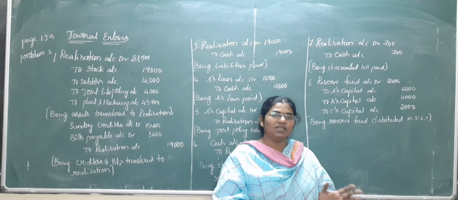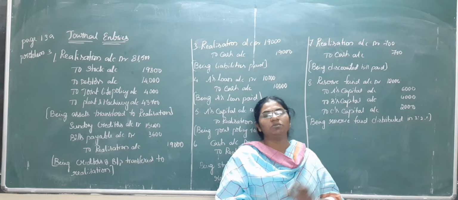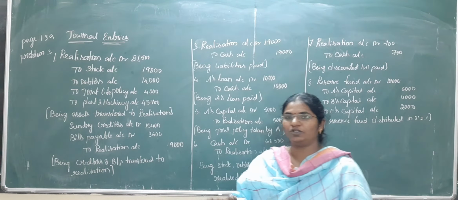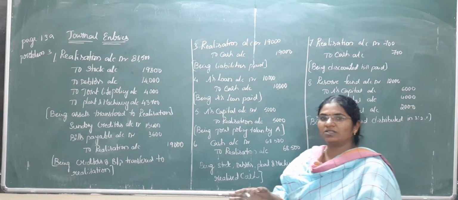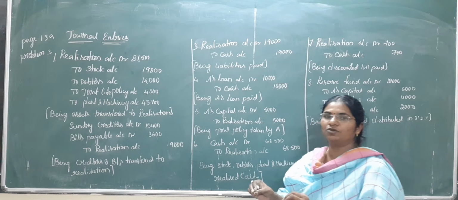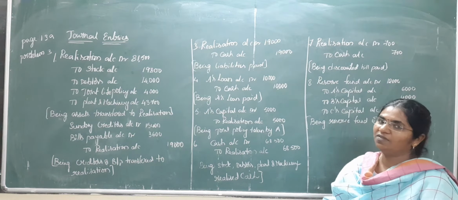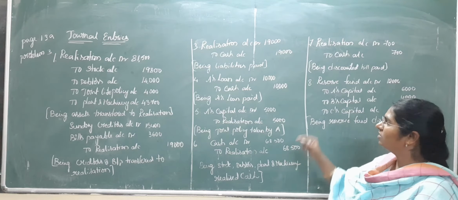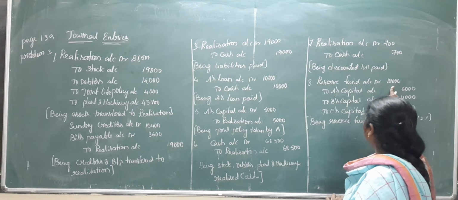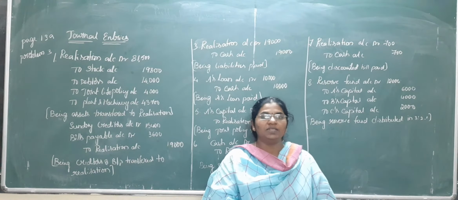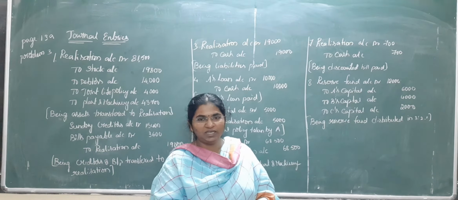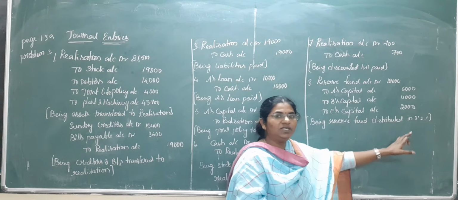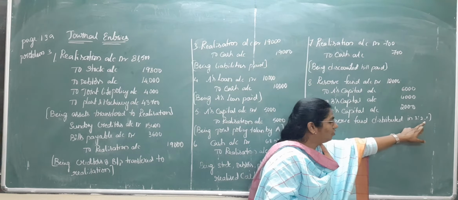Even if it is not mentioned, it is your duty to distribute the capital reserves or reserve funds to the partners' capital accounts in their respective profit sharing ratio. Here the reserve fund given in the problem is 12,000, and this 12,000 has to be shared among A, B and C in the ratio of 3:2:1.